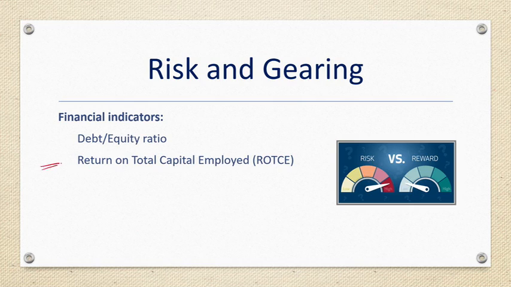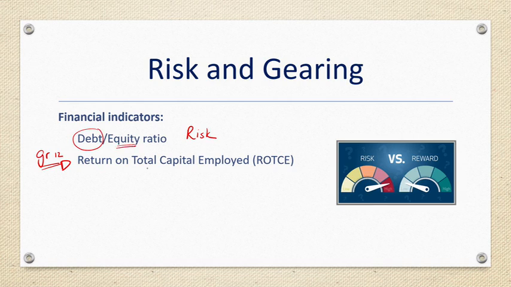Now, this is the one that's actually only in grade 12. But in the activities that we're going to do, I'm going to show you how you work that one together with the debt equity, because the debt equity is about the risk: debt, borrowed capital; equity, own capital.